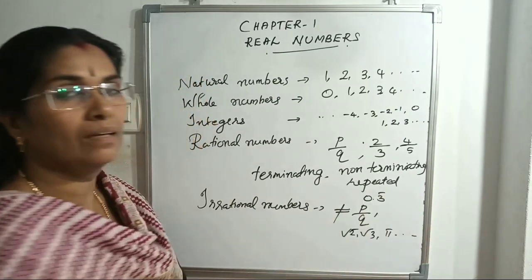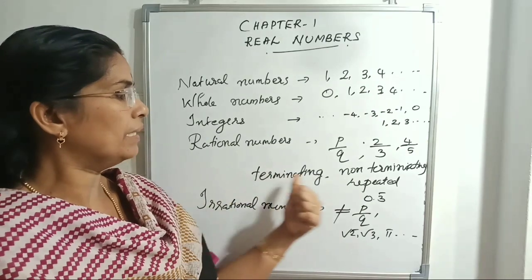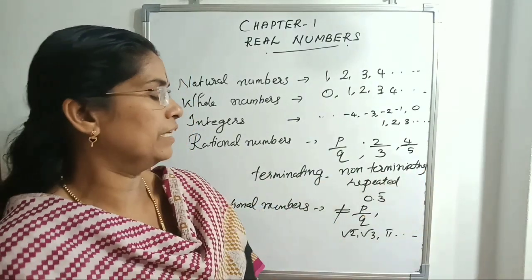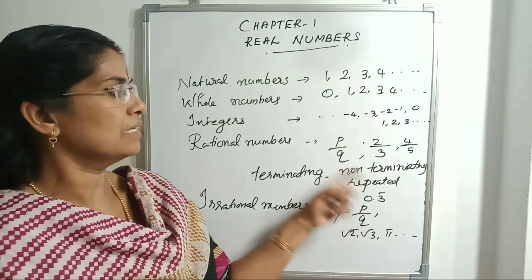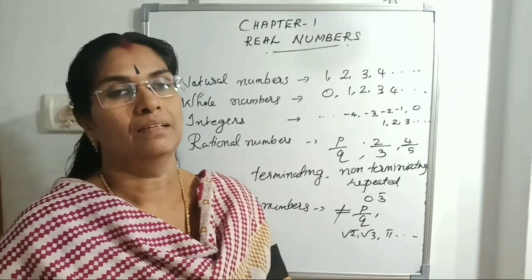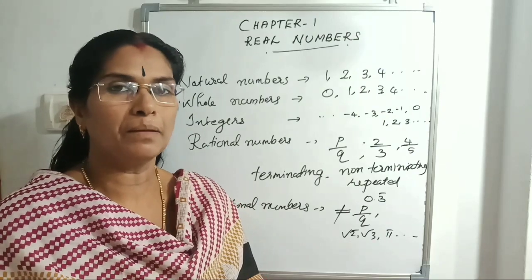All these are examples for irrational numbers. It is non-terminating and non-repeating. Non-terminating repeating is a rational number, but an irrational number is non-terminating and non-repeating.